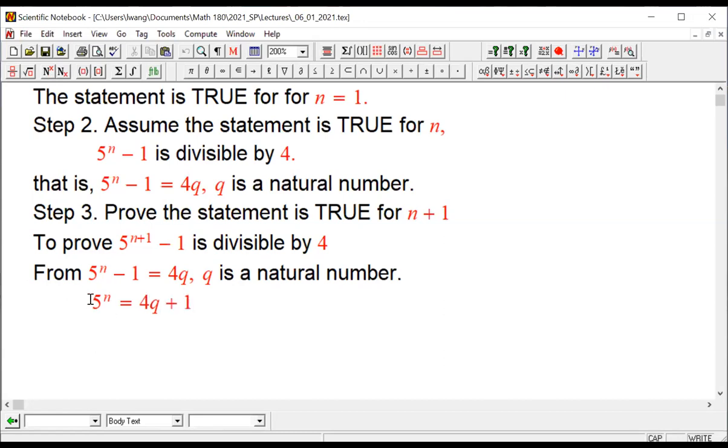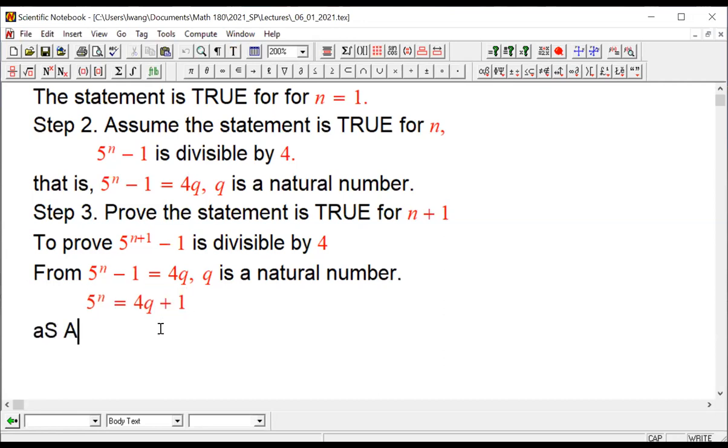I'm adding 1 on both sides. Because we assumed it is true, from the assumption we derived that 5 to the power n minus 1 equals 4q, then we add 1 on both sides, it is still true.